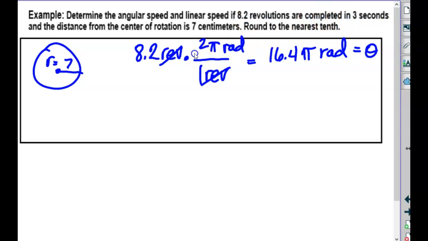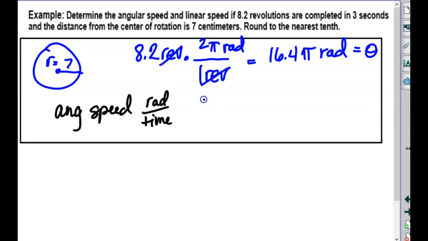So we can find the angular speed real fast. How are we going to do that? Angular speed, what kind of a label does angular speed have? Radians per time, right? Do we know radians? 16.4 pi radians. Time is 3 seconds.